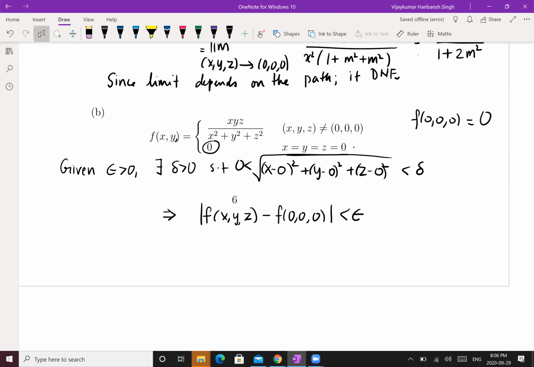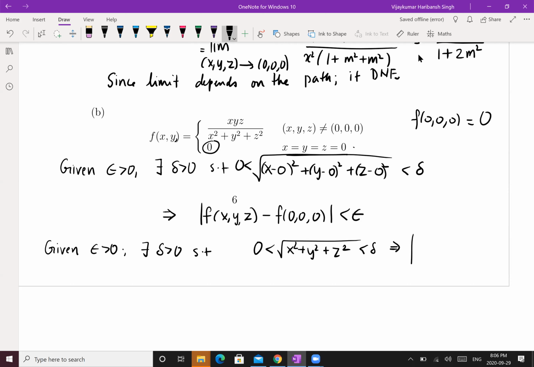So how do we go about it? Given epsilon greater than 0, we want to show that there exists delta greater than 0 such that the square root of x square plus y square plus z square less than delta implies the absolute value of x y z upon x square plus y square plus z square is less than epsilon.